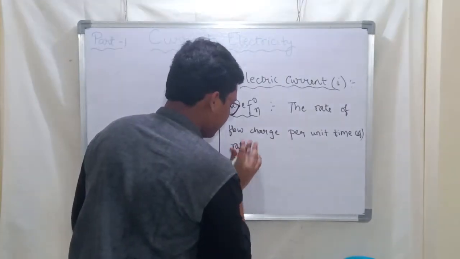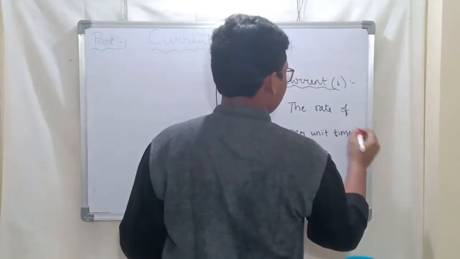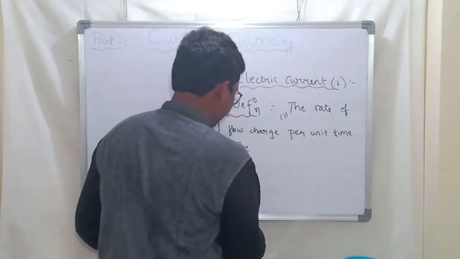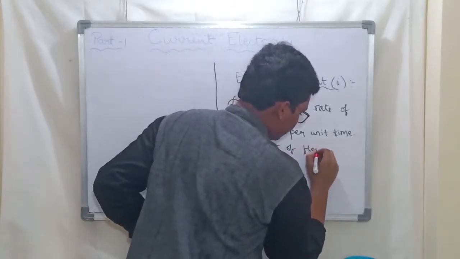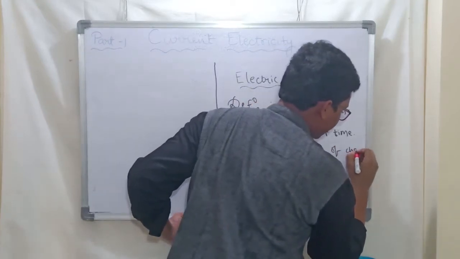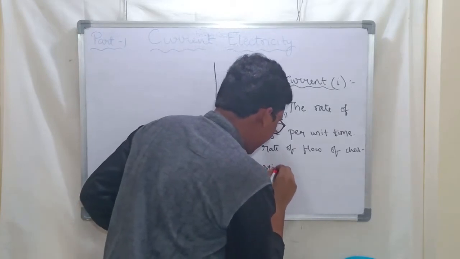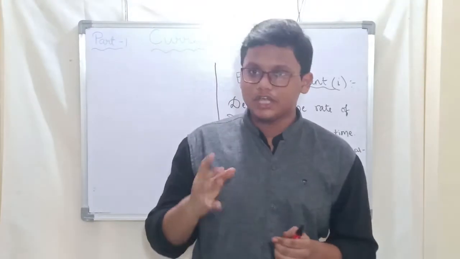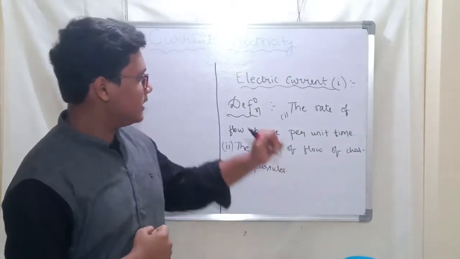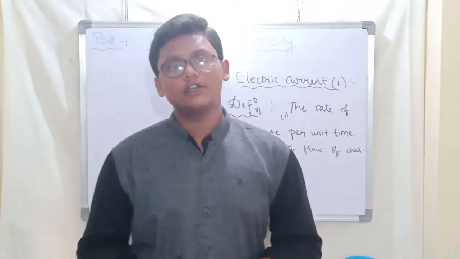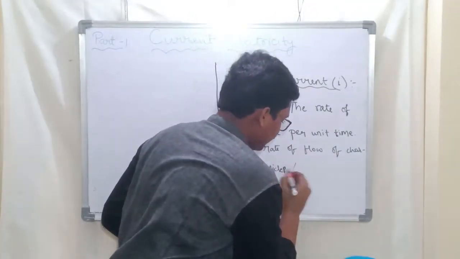The electrons or whatever are carrying the electric current are charged. So we can also say that it is the rate of flow of charge per unit time.